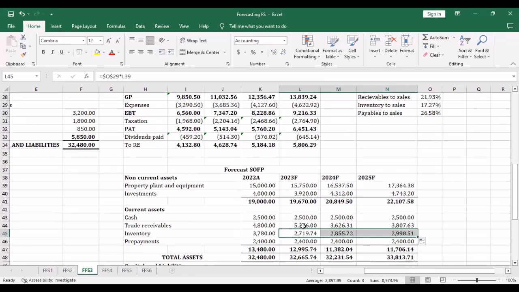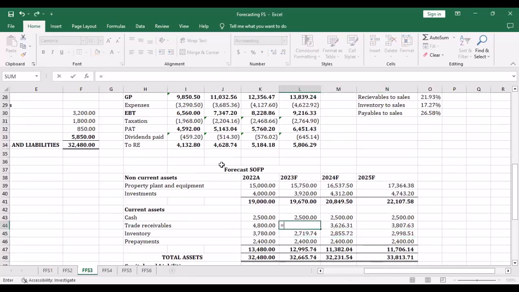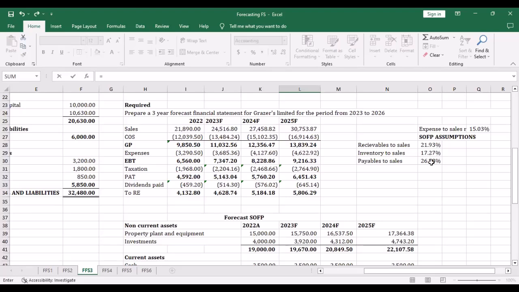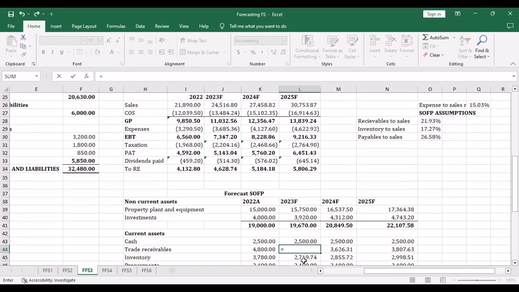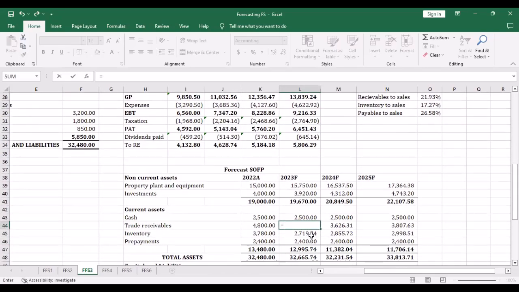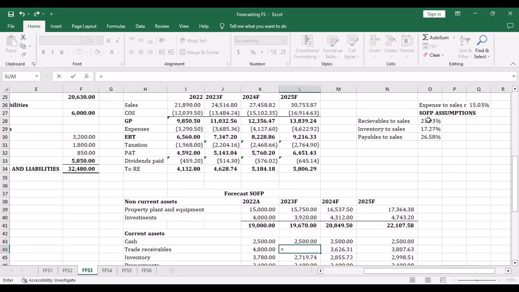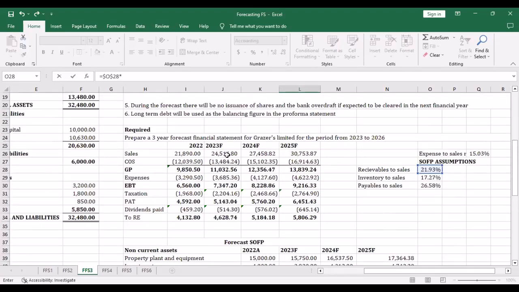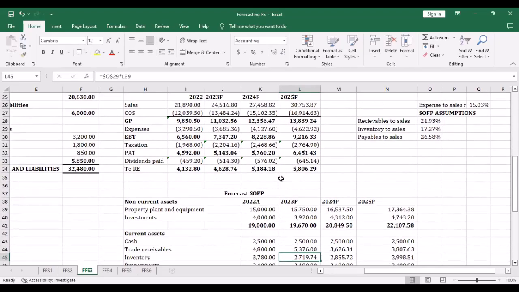So we also check on our receivables. Equals our inventory, I mean. Sorry, I don't know what's happening. I'll take the receivables, do F4, then multiply by the sales in 2023. Enter.